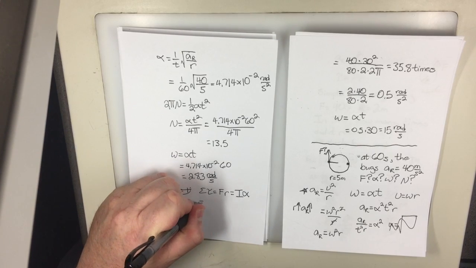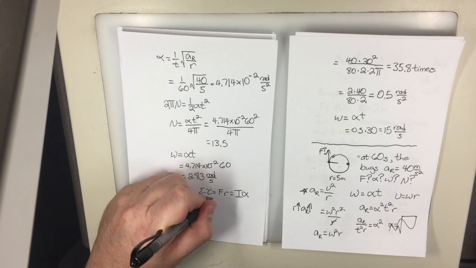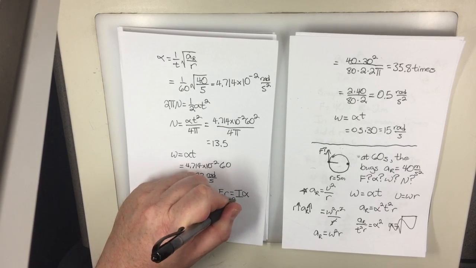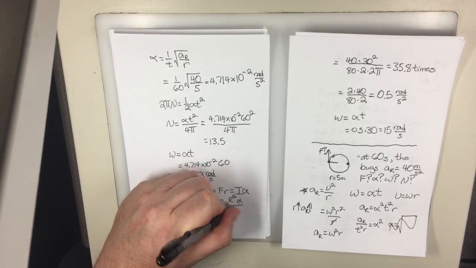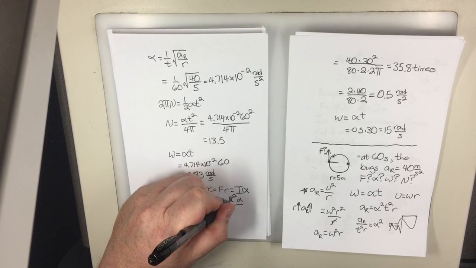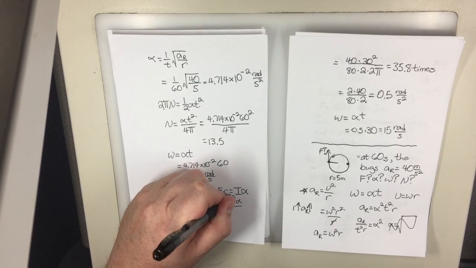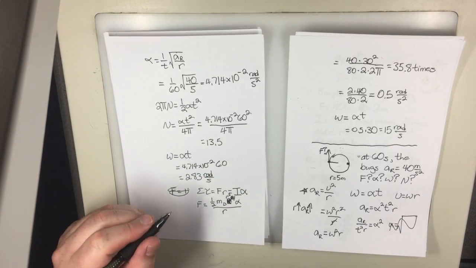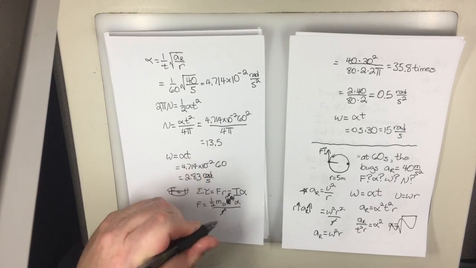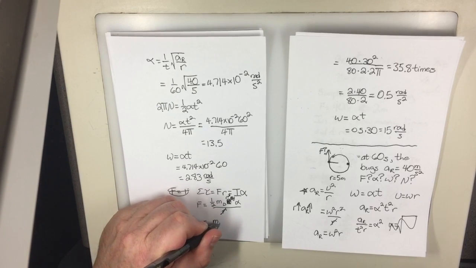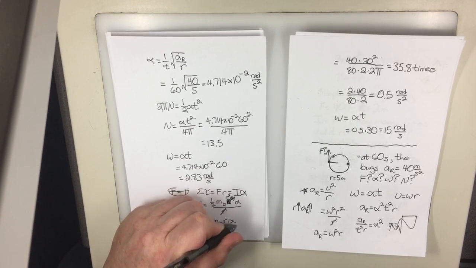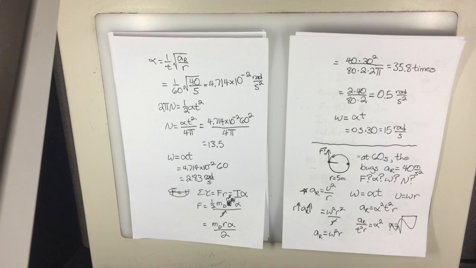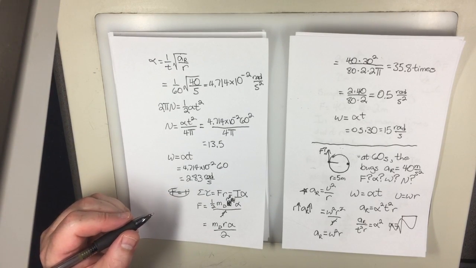So F is equal to I, or 1/2 mass of the disk, R squared, alpha over, oh, actually I should have used lowercase r squared. Exactly, I know, Friday. One of the r's cancels, and I'm left with m_d r alpha over 2. And that will give me the force.